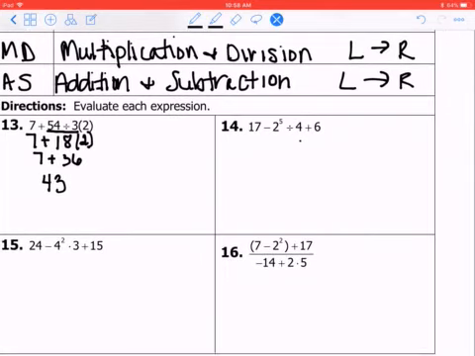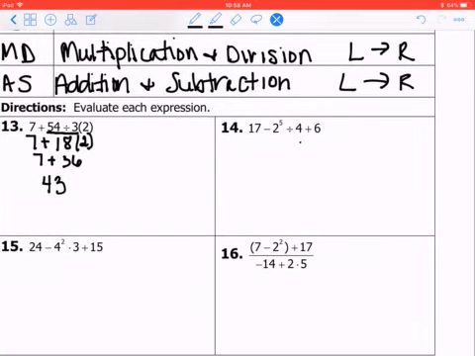Moving over to the right, now we do have an exponent for 14. So we have no parentheses, but we have an exponent. So that's where we're going to start, right here. The 2 to the 5th power is going to give us 32. Okay, I'm going to drop everything down.